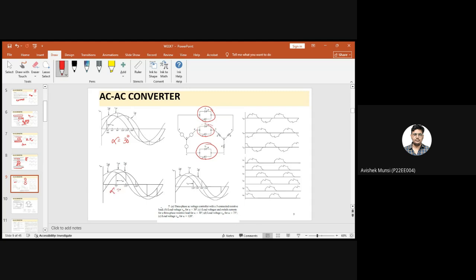Here alpha is starting from 75 degree, and here alpha is starting from 120 degree. So based upon that, we'll have our output like this. Okay. So this is for the three-phase AC to AC cycloconverters. Okay. Next, we will study about the matrix converter. After this, if you have any doubt, you can ask.